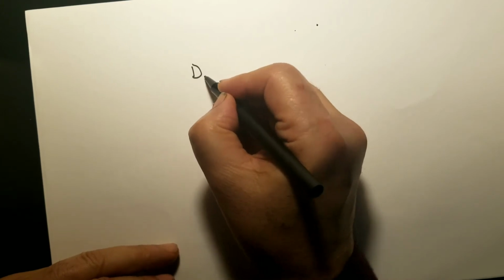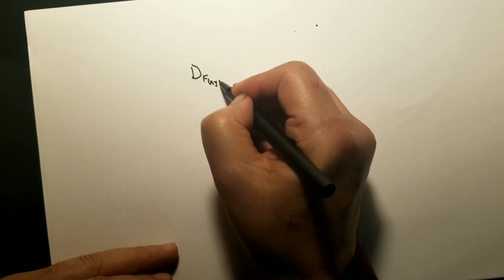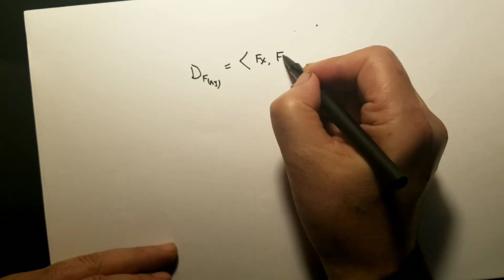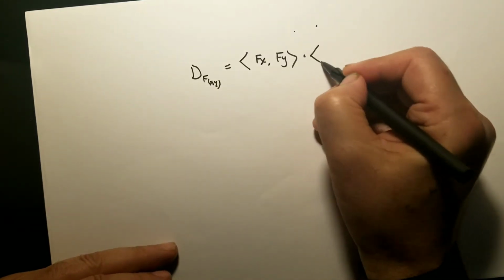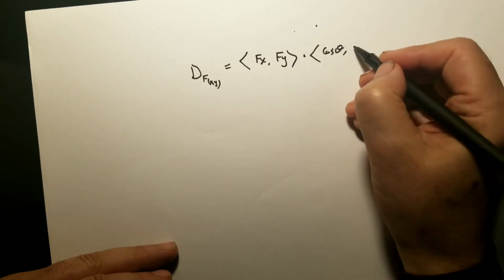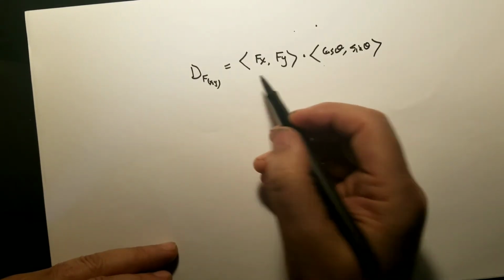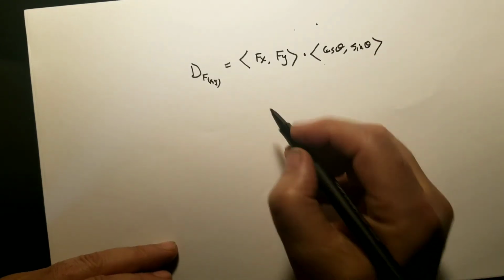Let's talk about this for a few seconds. Let's say your directional derivative of f of x, y is the partial derivative with respect to x, partial derivative with respect to y, dotted with cosine theta, sine theta. If you remember, the dot product can be written in two different ways.